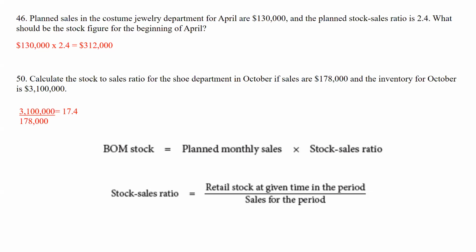And in our previous problem where it was the jewelry department, it was a little less because for jewelry, you don't have size issues. So go ahead and do problem number 47.